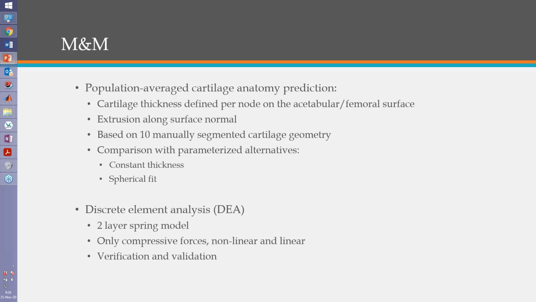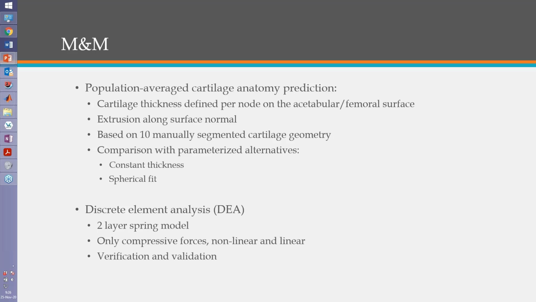Along each node, each position on the anatomy, we extrude along the surface normal by a fixed height or thickness. We based the values of this anatomy thickness, which had local differences, on the anatomy of 10 subjects, which were manually segmented.